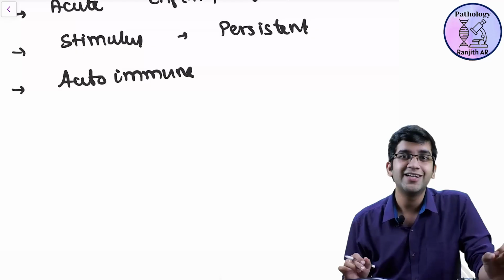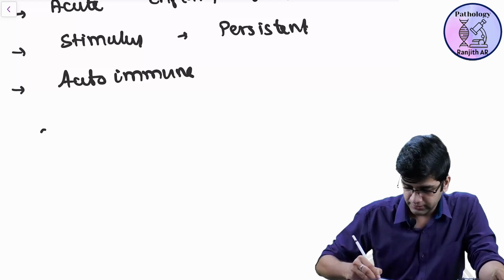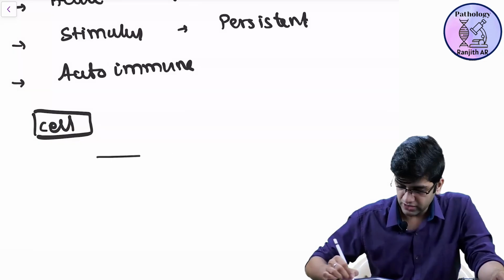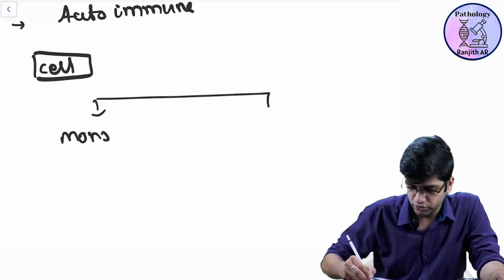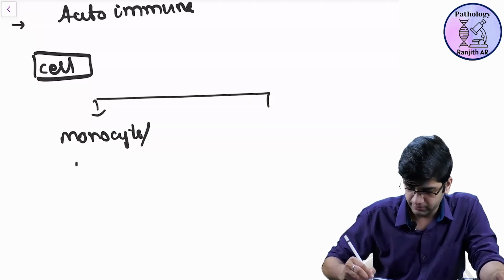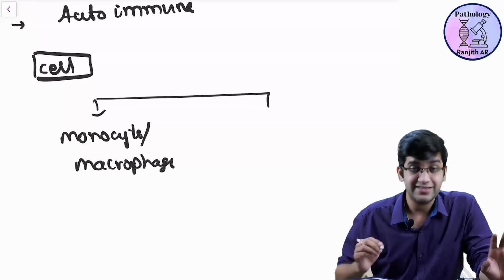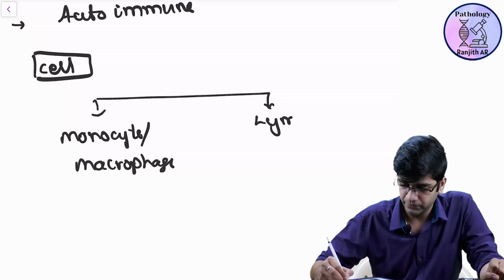As we know, the cell of chronic inflammation is the macrophage, not the lymphocyte. Like in acute inflammation we had neutrophils, the cell of chronic inflammation is going to be the macrophage. Monocyte and macrophage mean one and the same: monocyte in blood, macrophage in tissue. That's the cell of chronic inflammation. So when do I call the lymphocyte?